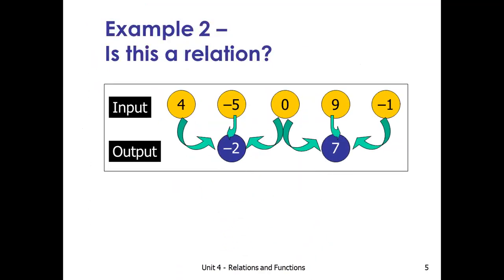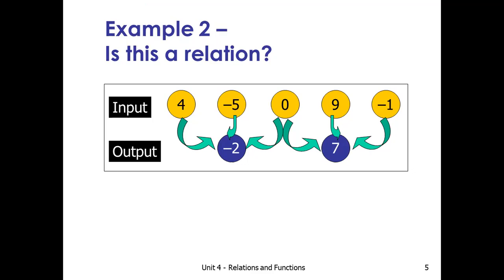Is this a relation? So we have the input values as -5, 0, 9, -1. And then we have the output values as -2, 7. When we say input values, those are the values that affect the dependent variable.